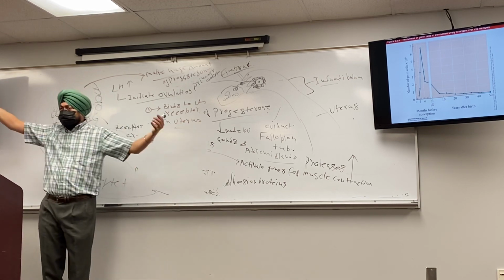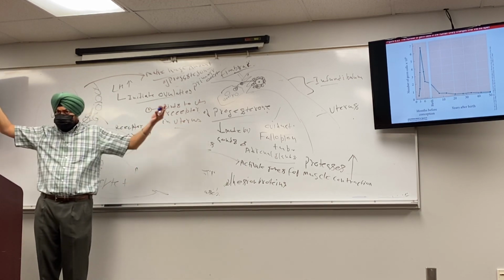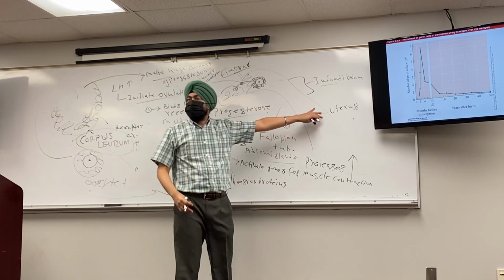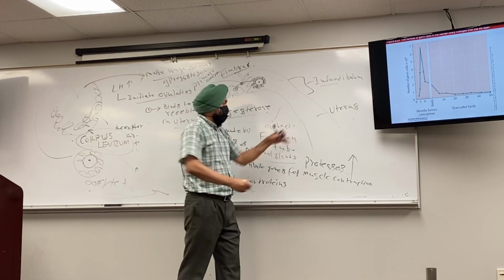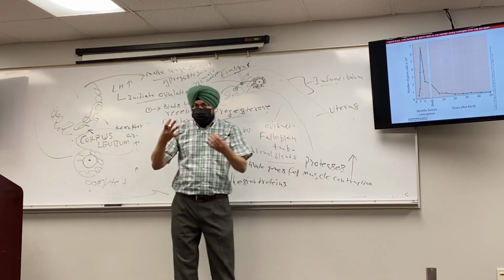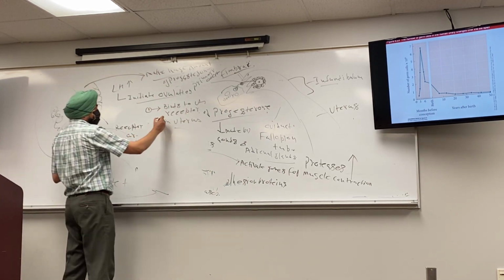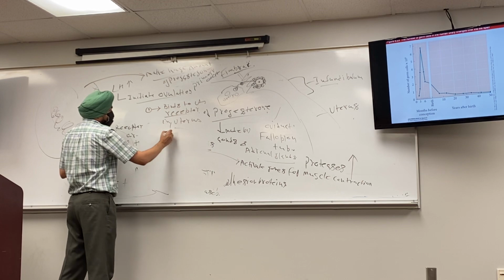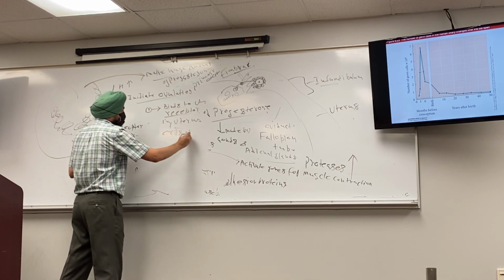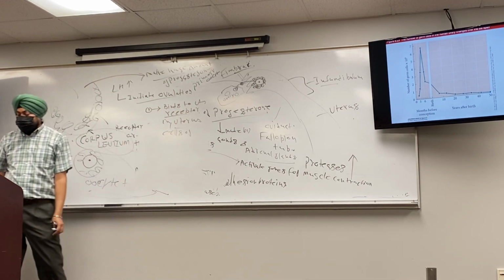Hormones are released in the blood, right? So the hormone reaches here in the uterus. In the uterus, the cells have the receptors, so it binds to receptors in the cells of the uterus.